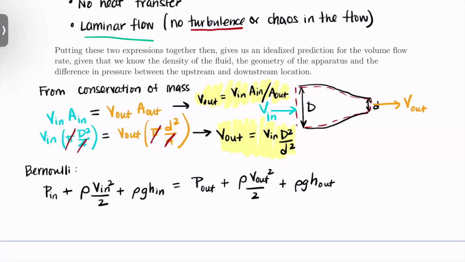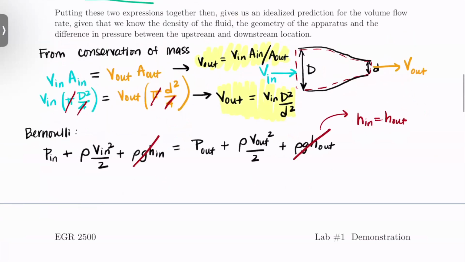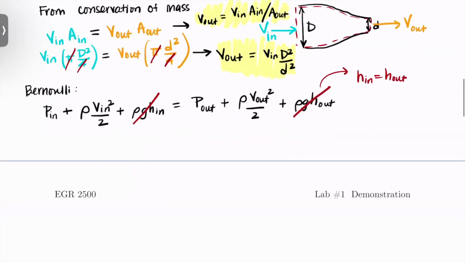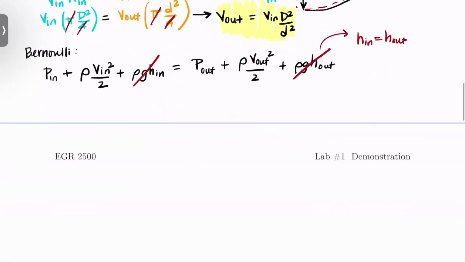So I can cancel these out because h in equals h out. So far, so good? Now I am going to substitute this expression using the areas for V out, so I have everything in terms of V in. It doesn't really matter, you could solve for V in and have everything in terms of V out, but I'll do it that way for now.